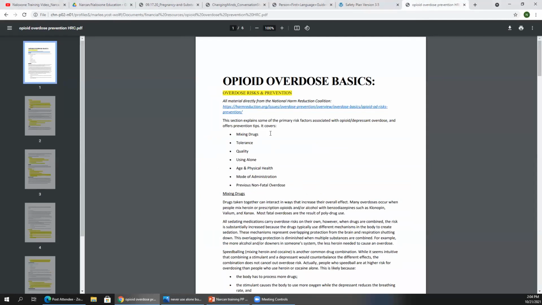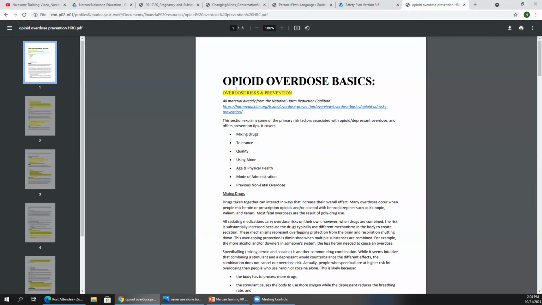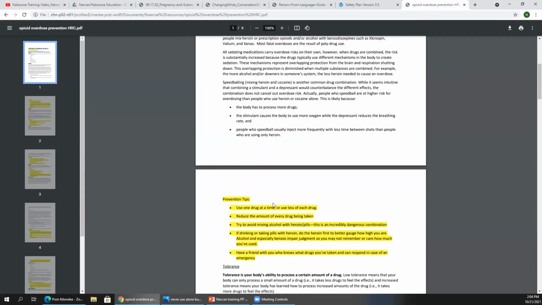And then lastly, I also have, this is a 3-pager front and back with some overdose risks and specific methods for prevention.